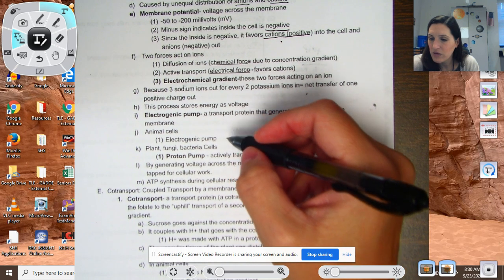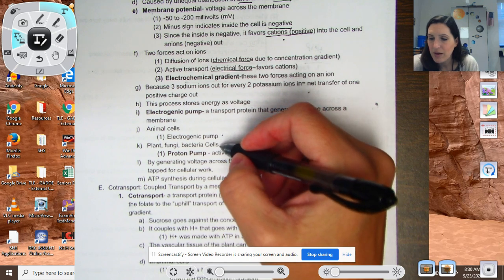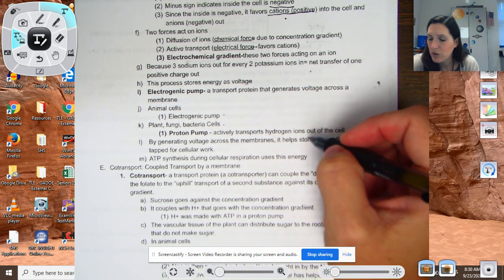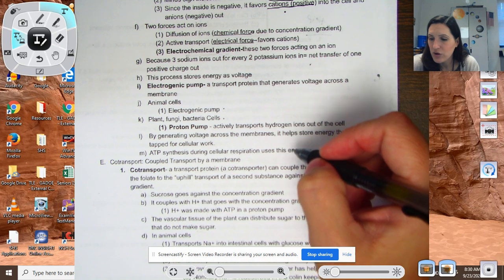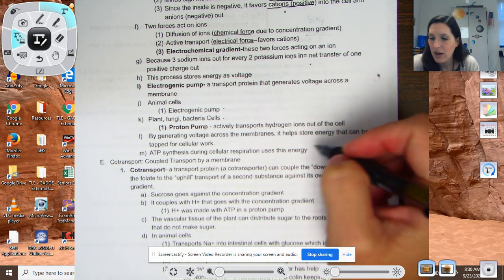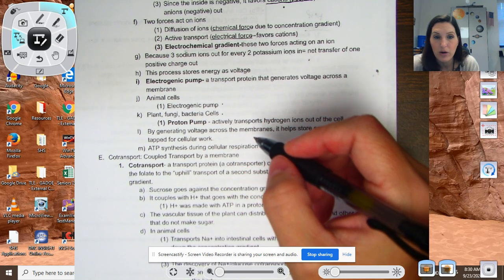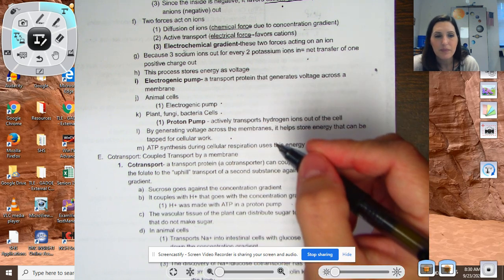In animal cells, the electrogenic pump is used. In plants, fungi, and bacteria, we use a proton pump. It actively transports hydrogen ions out of the cell. By generating a voltage across the cell membrane, it helps store energy that can be tapped for cell work. I kind of think about two things.